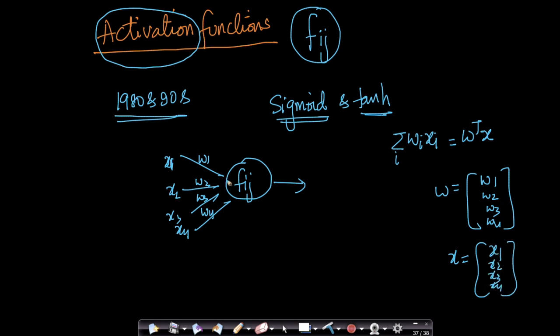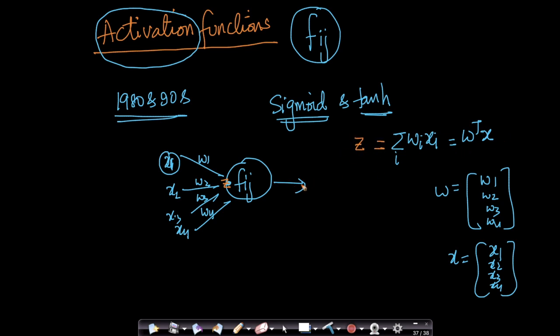So the input that goes into the network here is the weighted sum: you have x1 w1, x2 w2, x3 w3, x4 w4. You multiply and then you sum up all of them. That's what goes as the input to this. Let's call that input z.